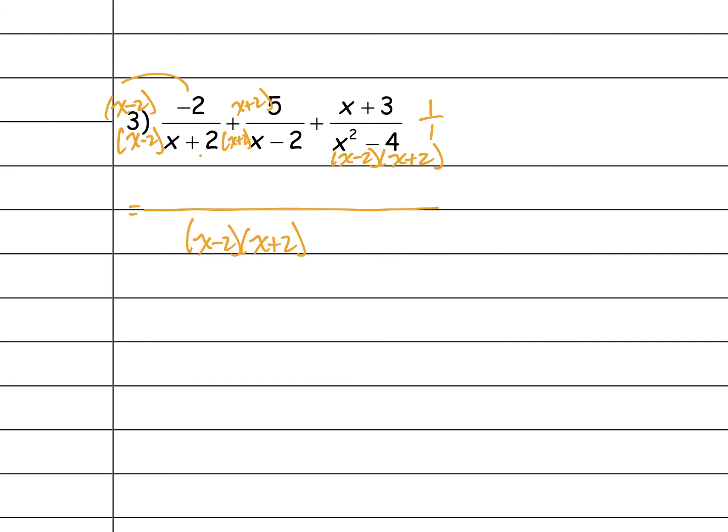In this case, I distribute everything. So I've got negative 2x plus 4 plus 5x plus 10 plus x plus 3. So what is this? 5x, 6x, 4x, 14, 15, 16, 7, plus 17.